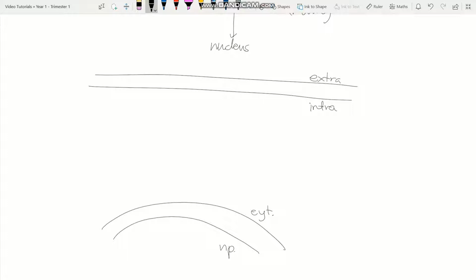Firstly, the steroid hormone can enter the cell, or if it's a thyroid hormone, can enter through a specific carrier protein, and it can bind directly to a receptor within the cell. So that we have the steroid hormone here binding directly to a receptor, and this receptor can take the hormone or allow for its particular response to occur within the nuclear membrane.